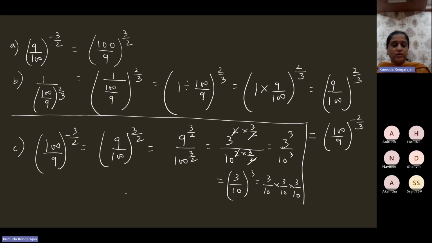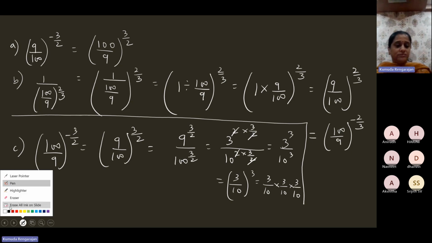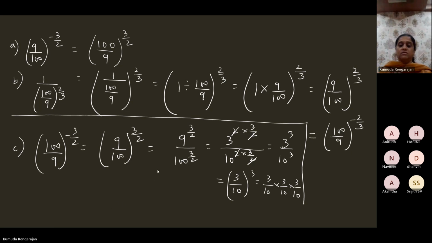We'll also work D, and see what we get. So let's see C again. C is 3 by 10 into 3 by 10 into 3 by 10. Because that was simple, we take up the question and simplify it. The question is 100 by 9 to the power minus 3 by 2. We want to make the negative power positive, so we write the reciprocal of the base and the negative of the power: 9 by 100, 3 by 2.